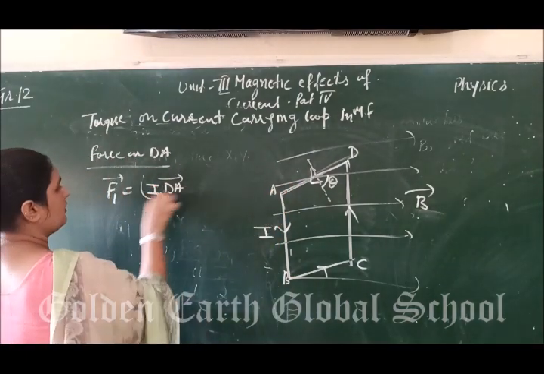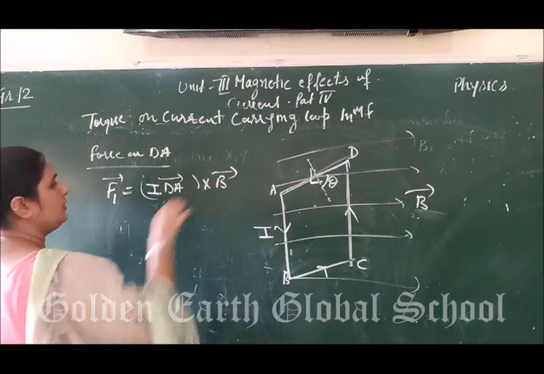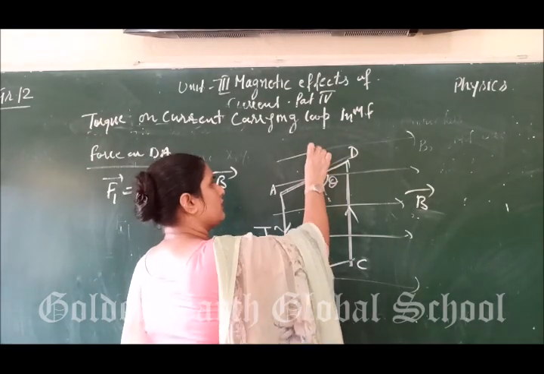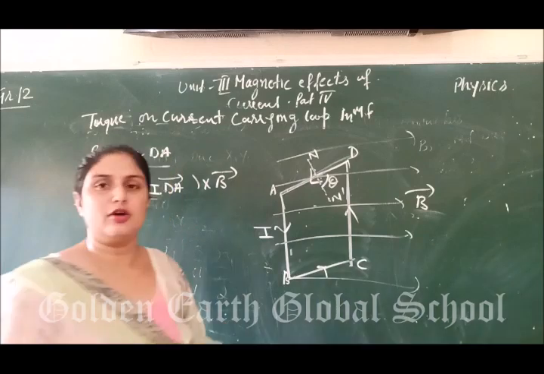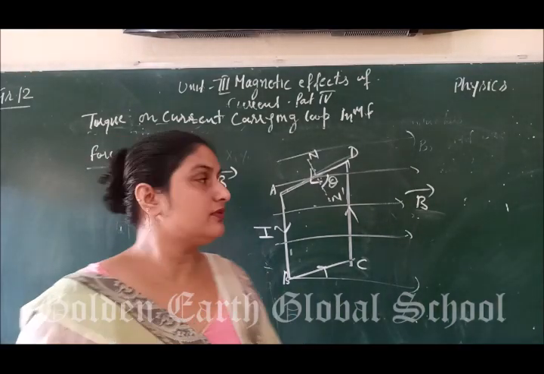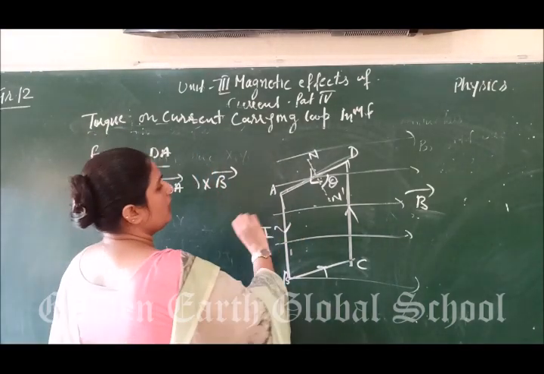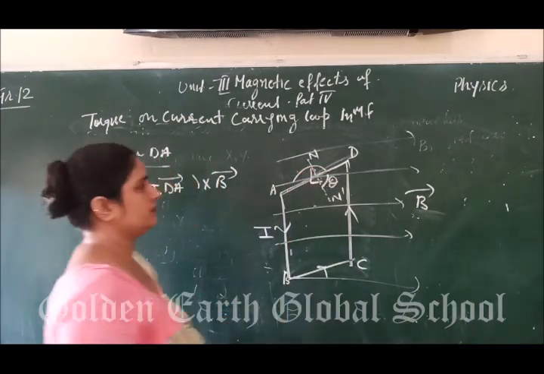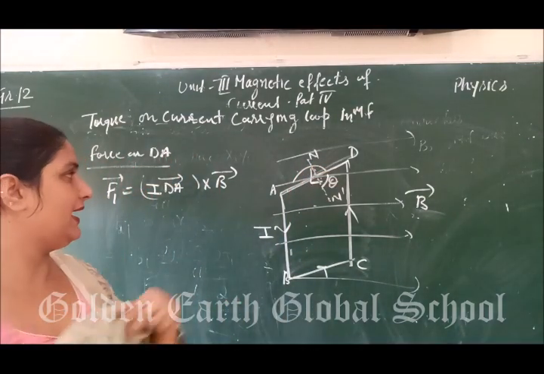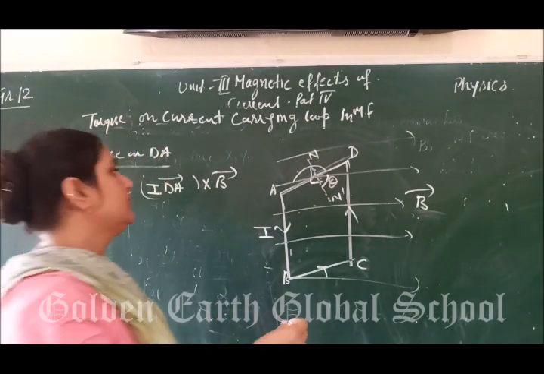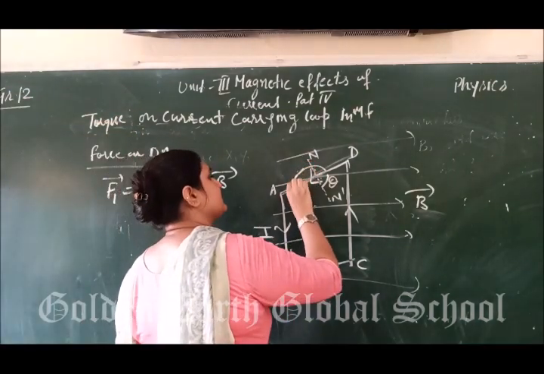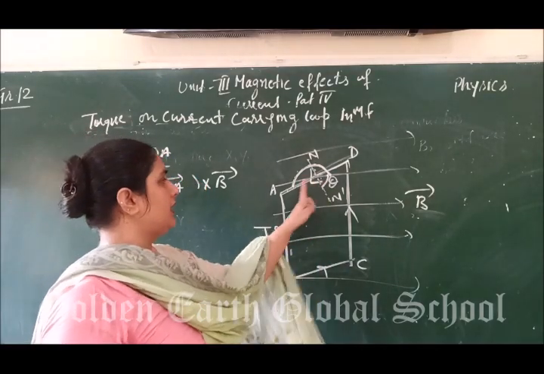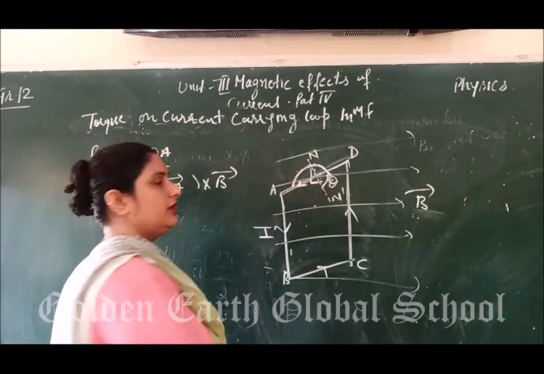Now theta is the angle between the normal drawn to the plane of the coil and the direction of the magnetic field. What about the angle here? The angle between the magnetic field and DA.